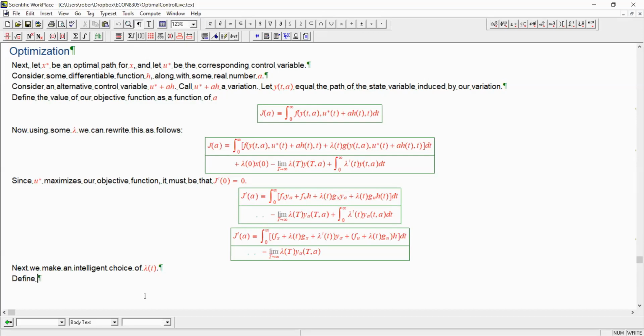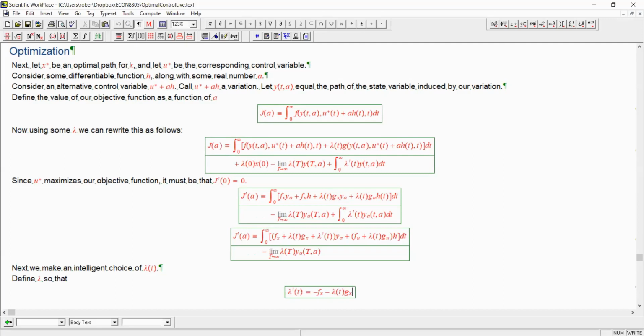Define lambda so that it satisfies the following. First, lambda prime is going to equal minus f sub x minus lambda g sub x.